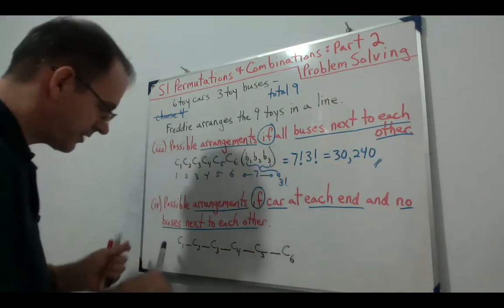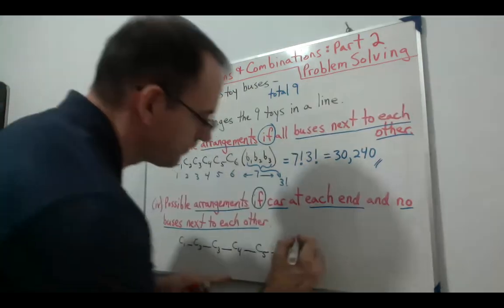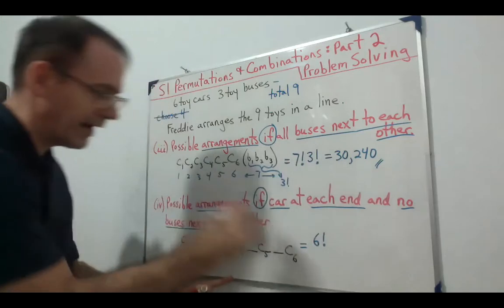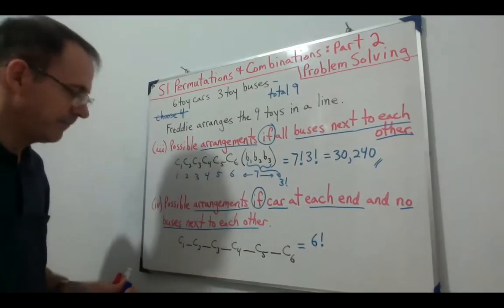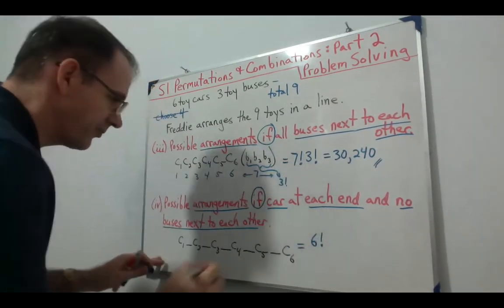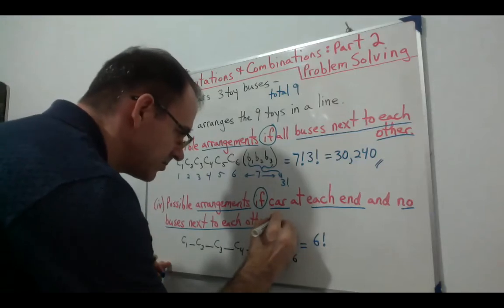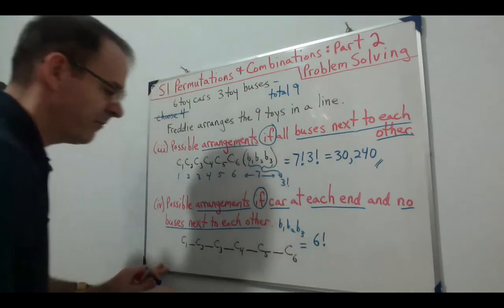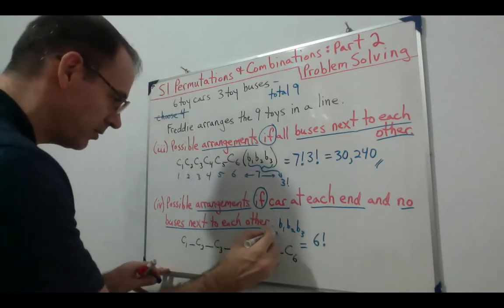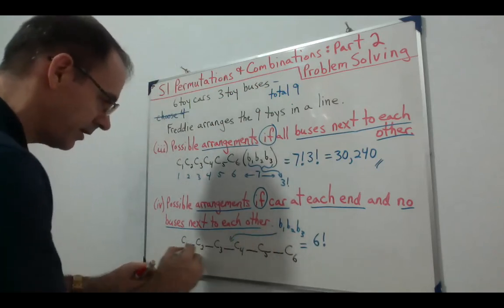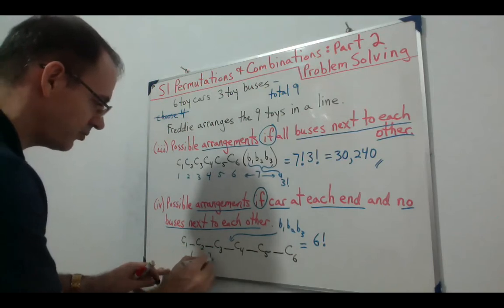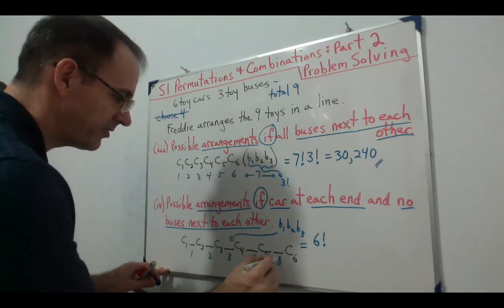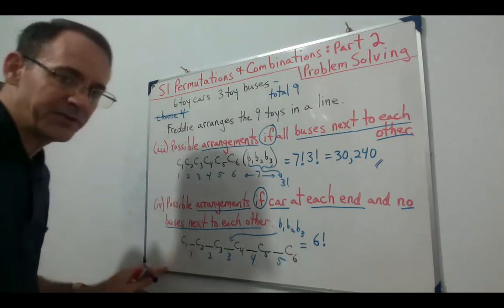So with this, there are 6 items, 6 factorial ways of arranging the cars. And then there are also 3 buses. So bus 1, bus 2, and bus 3. And so when bus 1 goes in, there's 1, 2, 3, 4, 5 spaces available for bus 1.